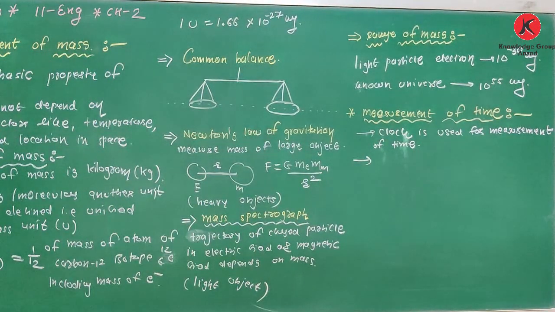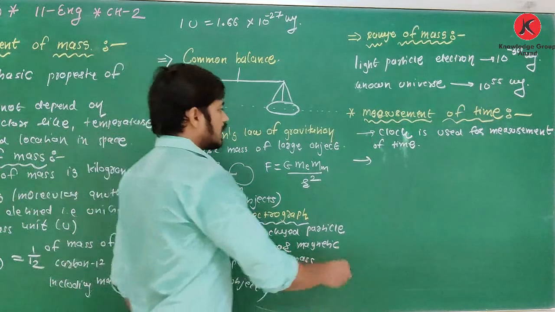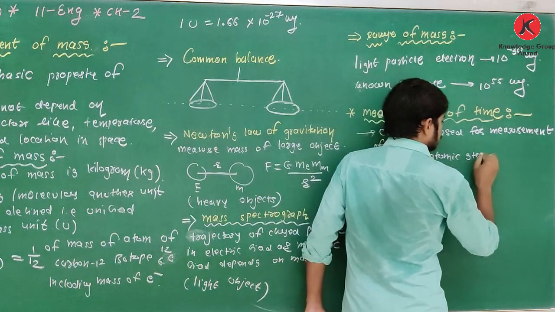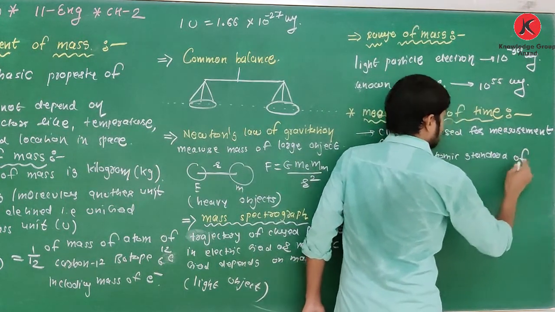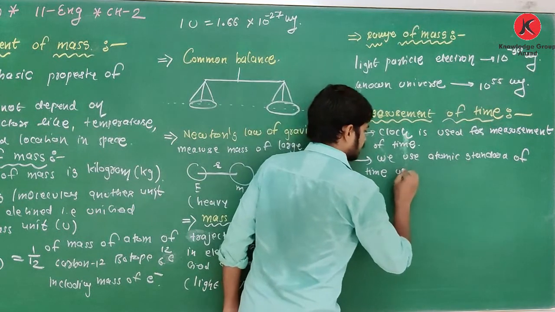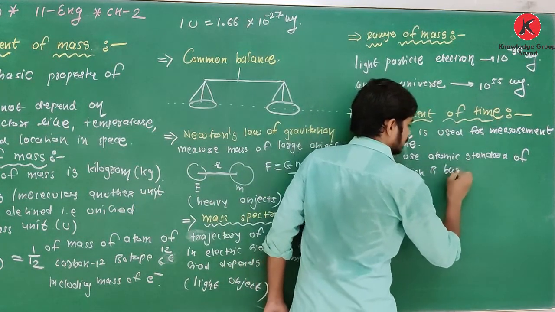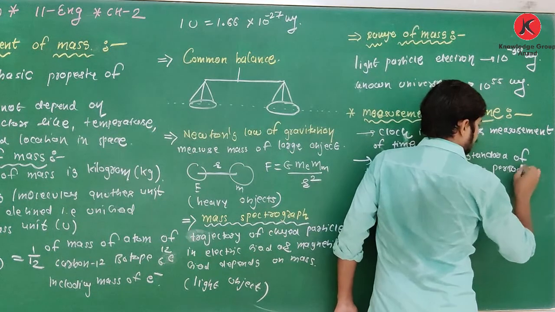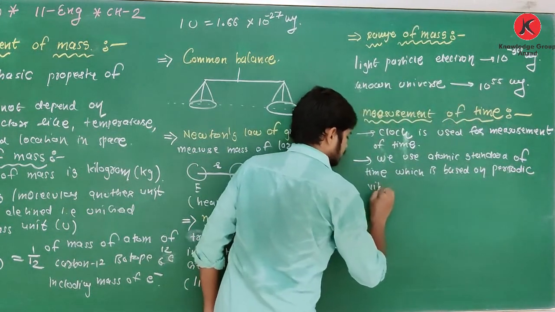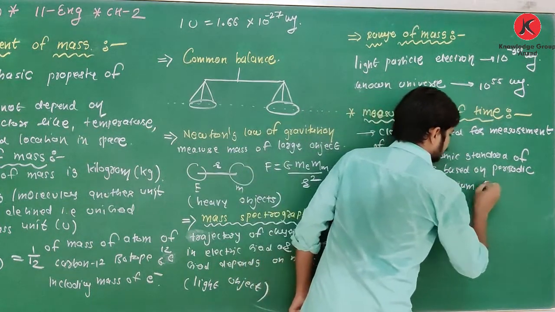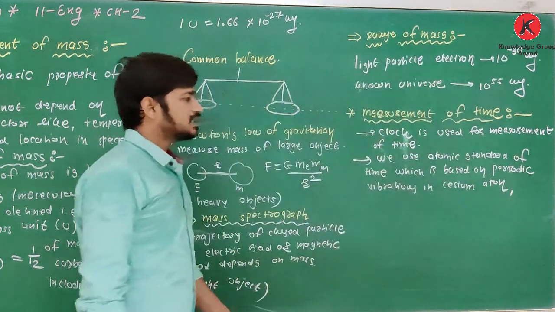So yes, this clock is based on which phenomena? Right now, to measure time, we use the atomic standard of time, which is based on periodic vibrations in the cesium atom.